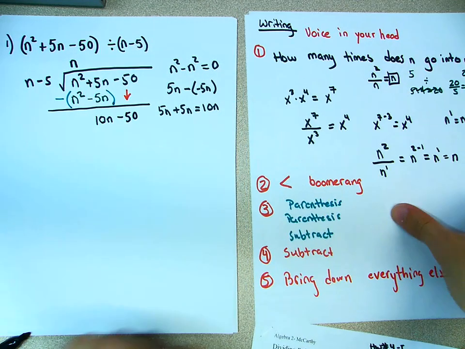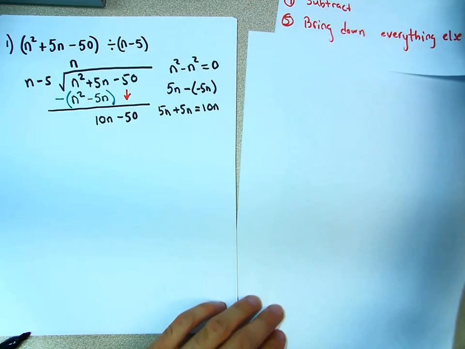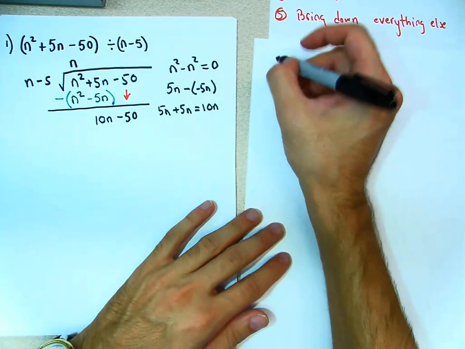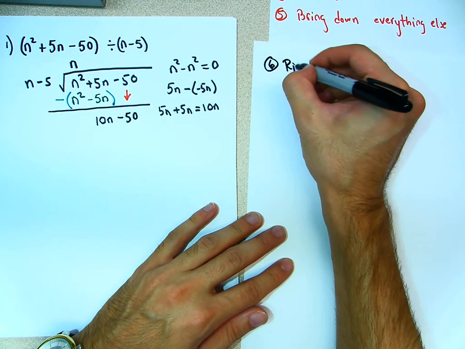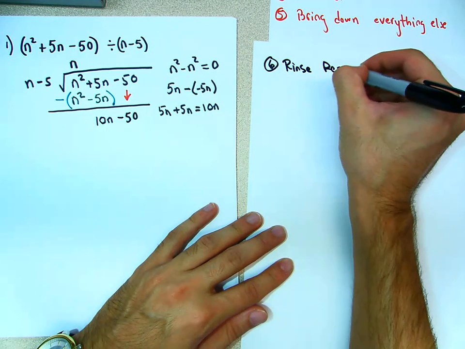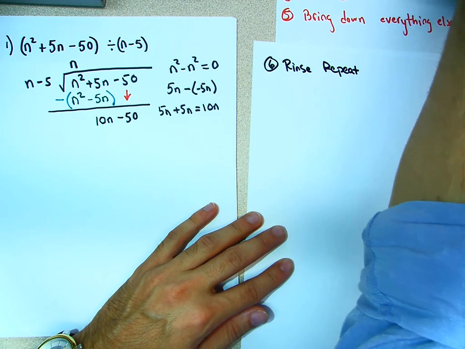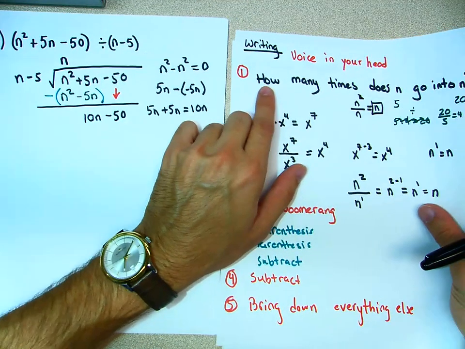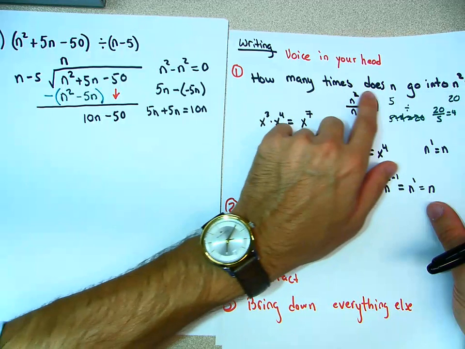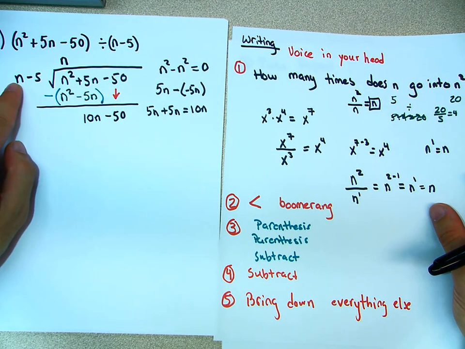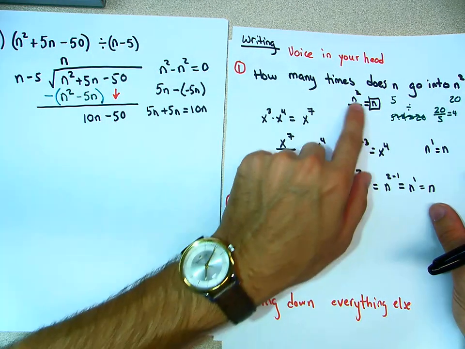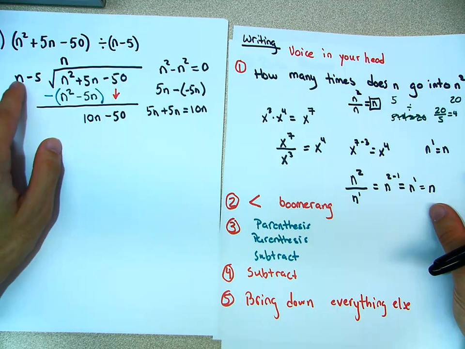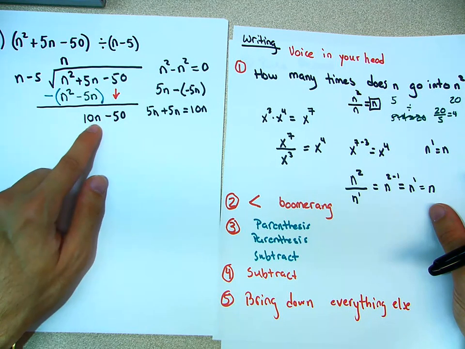And now, once we have all this, step 6 is just rinse, repeat. You're going to say the same rhythm again. You're going to say, how many times does this n go into, not n squared now, but 10n?